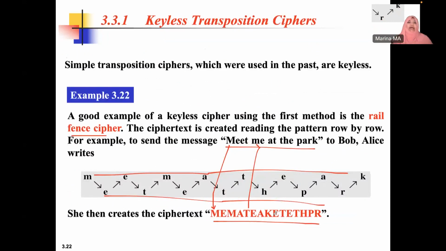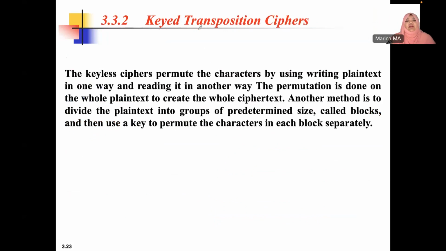So that is transposition cipher. In this case, rail fence cipher is a keyless transposition cipher. So for the keyless cipher, another name for repositioning, rearranging, we call it permutation. Have you heard of it? I think you've heard.